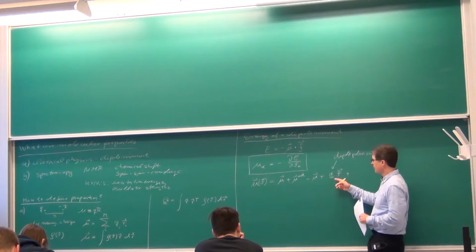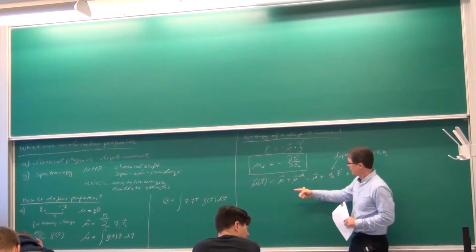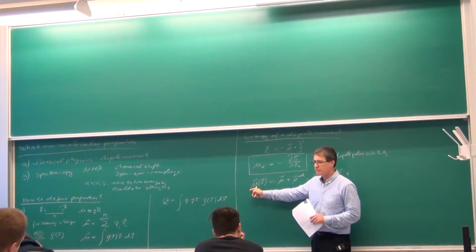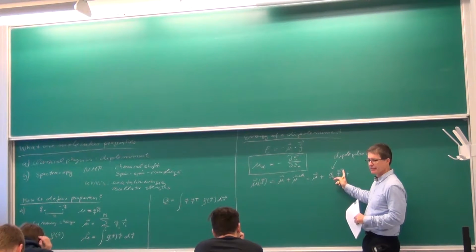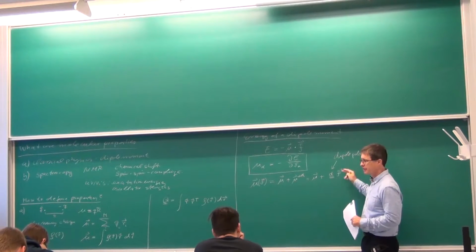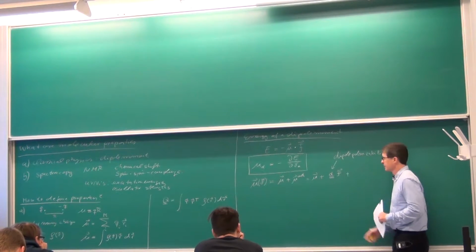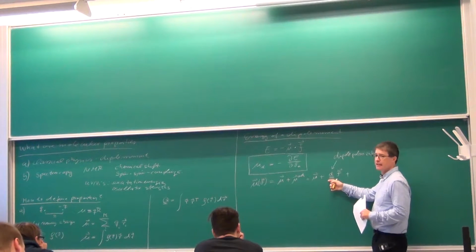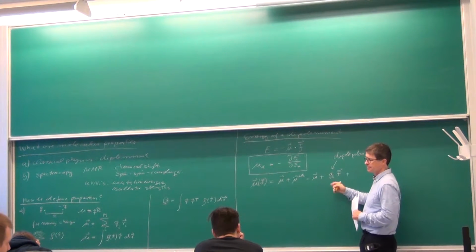And this is also a tensor, because the component of the dipole moment I look at doesn't have to be the same as the field. The field can have any direction, and I can look at all three components of the dipole moment. So this again has 9 elements, but it's symmetric, so it's only 6 unique elements.